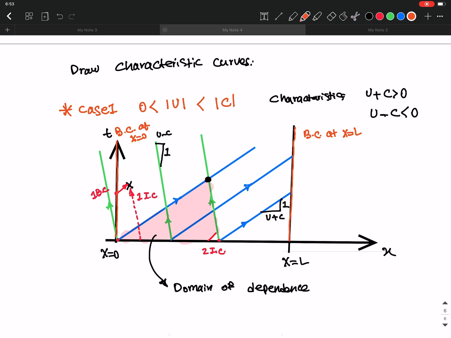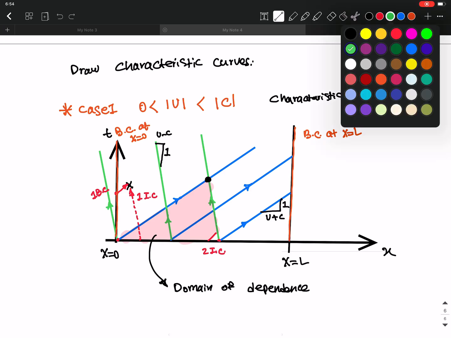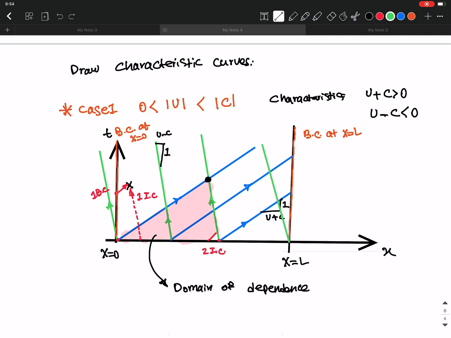So you can have a region, let me draw it here, parallel to the other ones. Let me do it with another color.